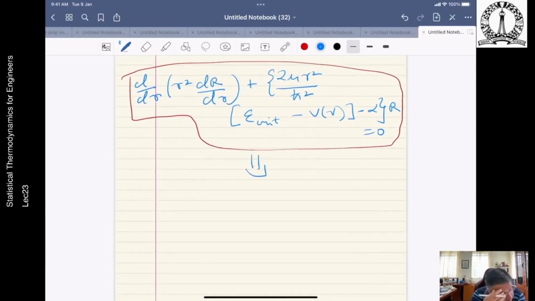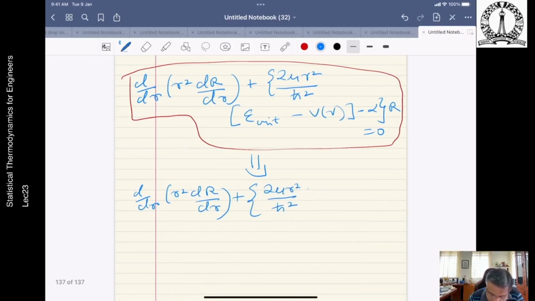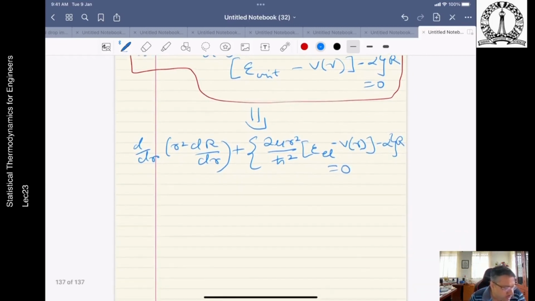So this becomes d by dr of r squared dR by dr, plus 2 mu r squared by h bar squared, E electronic minus V(R), minus alpha into R equal to 0.